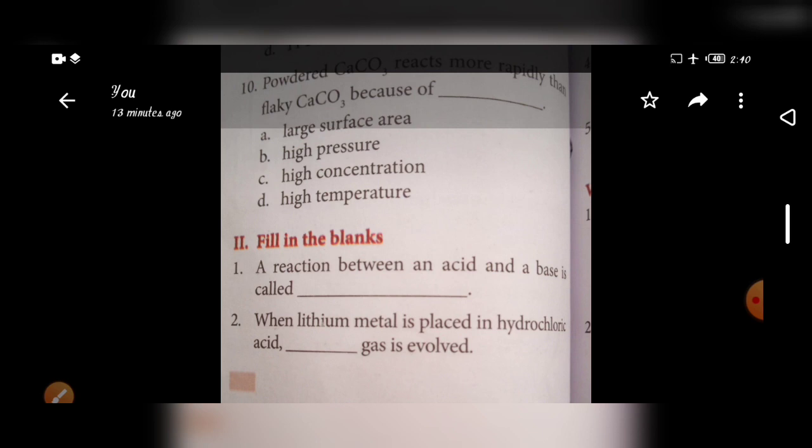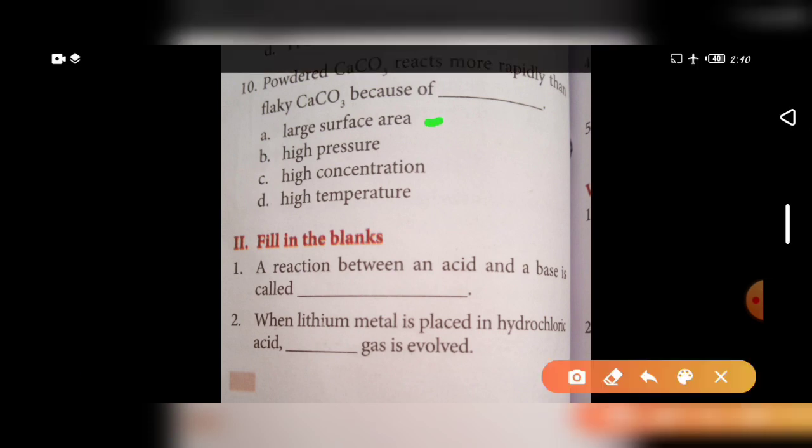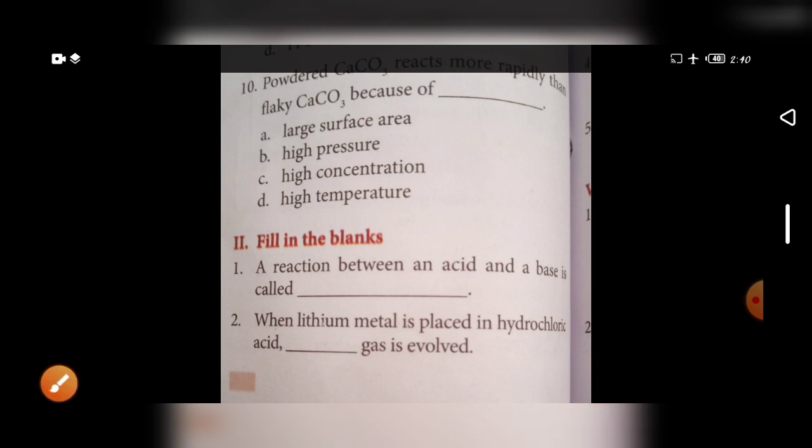See, 10th question. Powder CaCO3 reacts more rapidly than the flaky CaCO3 because of large surface area. Because of what? Large surface area. So option A is correct. Next we go to fill in the blanks. A reaction between an acid and base is called a neutralization reaction, one type of precipitation reaction.